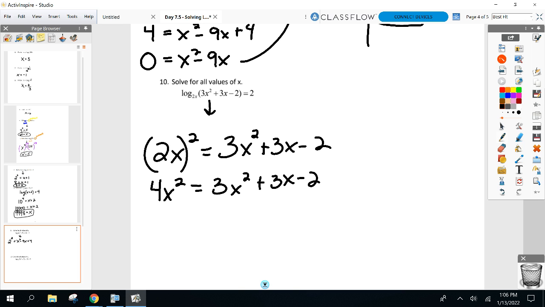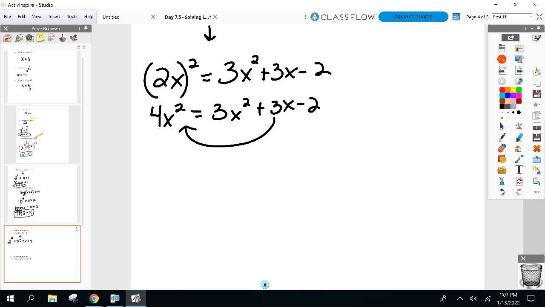So sorry, I know it's a little inconvenient, but let's move everything over to the left. So I don't have to deal with the negative x squared. X squared minus 3x. There you go, equals 0. And I hope we can factor this at this point.